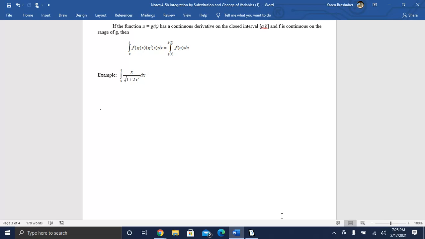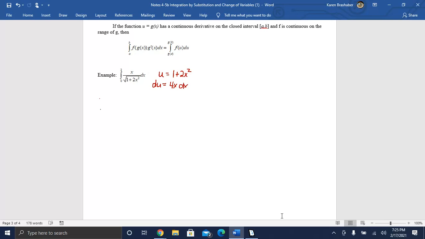Since I have a quotient that lets me know that I am going to have to use a substitution. So U will equal, I'm going to use my denominator from inside the square root, 1 plus 2x to the second. And so my derivative du would be 4x dx.